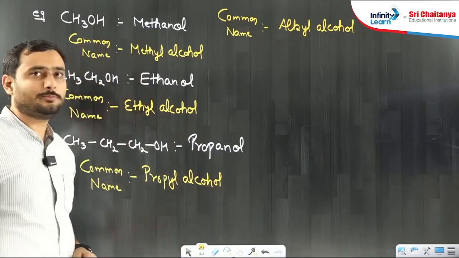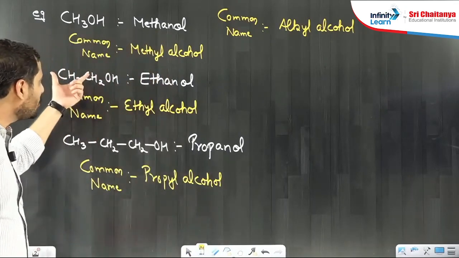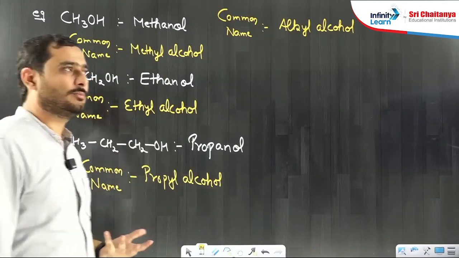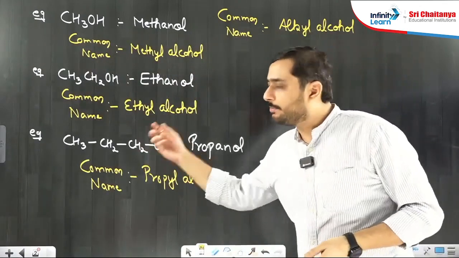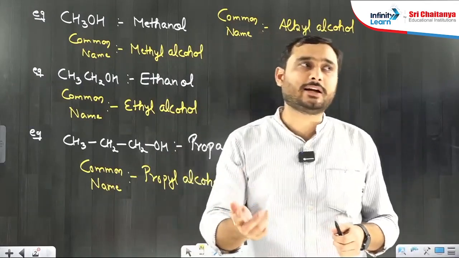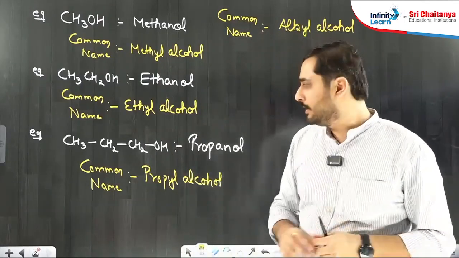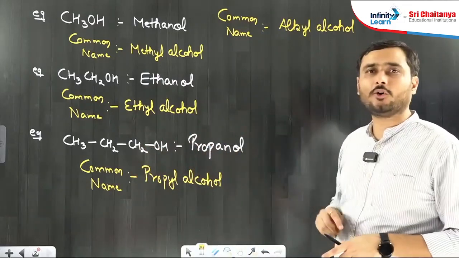What is the common name here? Propyl alcohol. Clear? Now listen students, in 2 carbon atoms, if we add an OH group, it is always at the first position. But if we take 3 carbon atoms, then this OH group can be present at the first carbon, and it can be present at the second carbon also. For the first carbon, no need to specify a number, directly we have written propanol.